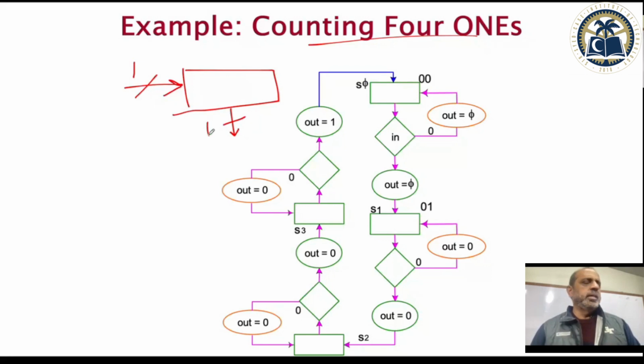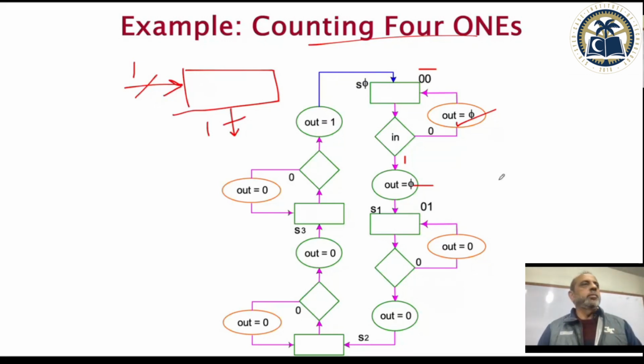This is a simple design. So you start counting. So your first state is 00, and you are getting zeros. If you are getting zeros, you remain in this state. When you get a 1, because this is the first one that you have gotten, you still generate 0 at the output, but change your state, so that now your circuit knows that you have already counted one 1 on the serial interface.